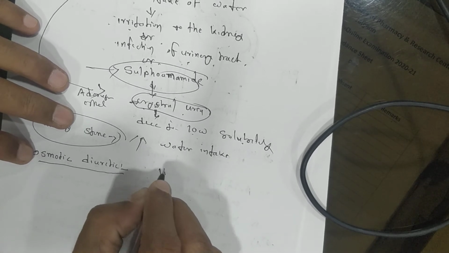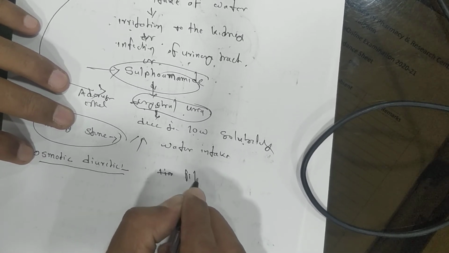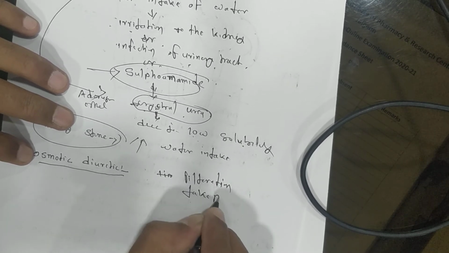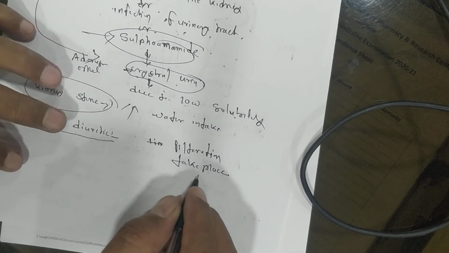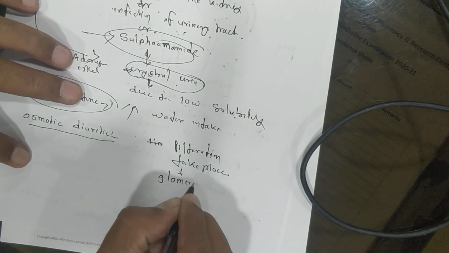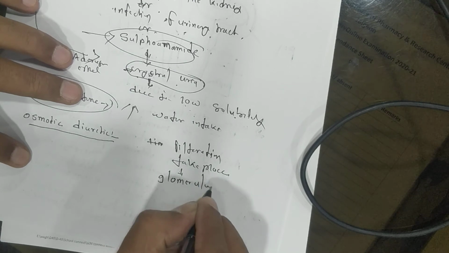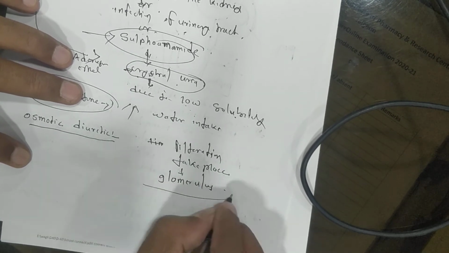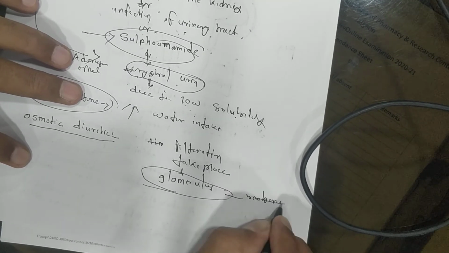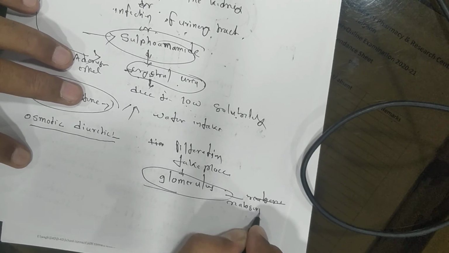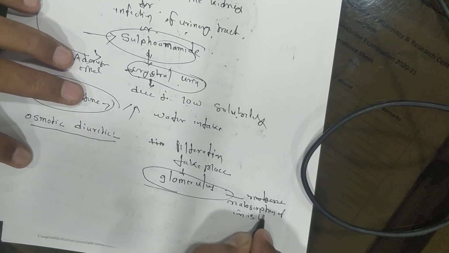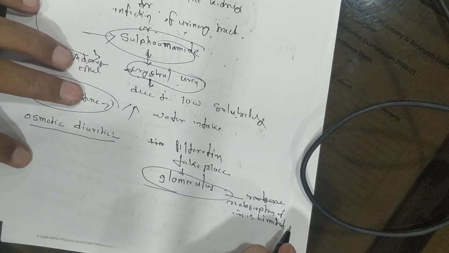That is, filtration takes place in the glomerulus, but they have limitations in reabsorption.